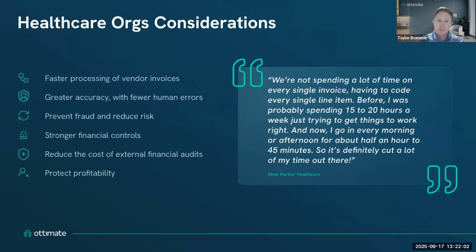I know that at Ottimate we're definitely leveraging AI, specifically for faster invoice processing with greater accuracy. We use it to customize our workflows and create more efficiency within the approval process.